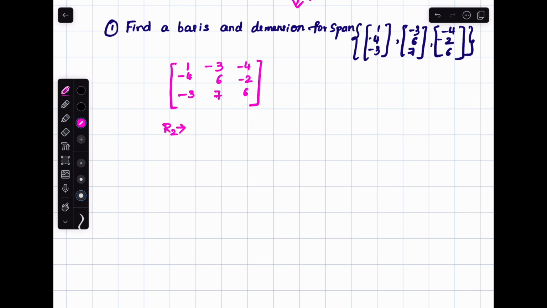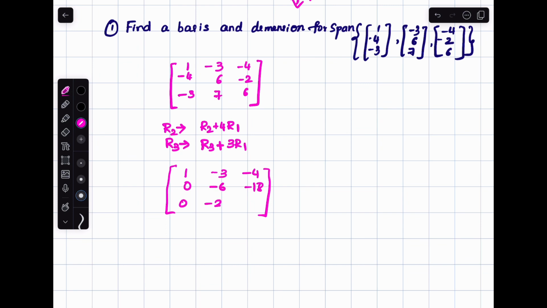Row 2 changes to row 2 plus 4 times row 1, and row 3 changes to row 3 plus 3 times row 1. So you will get the matrix as 1, -3, -4, then 0, -6, -18, then 0, -2, and -6.